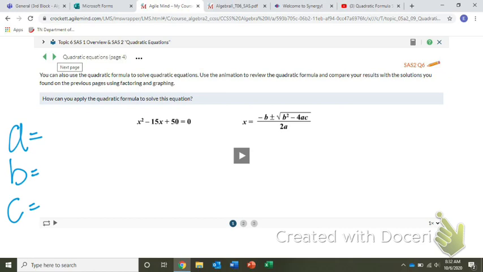So, we're looking at this equation. We have not swapped equations. We're still using the same one. So, A is still 1. Remember the x squared term. B is the x term, so that's a negative 15. And C is the constant, so that is 50.